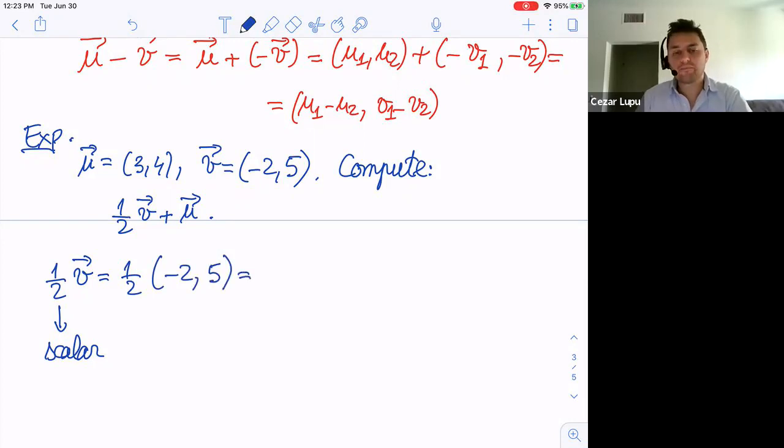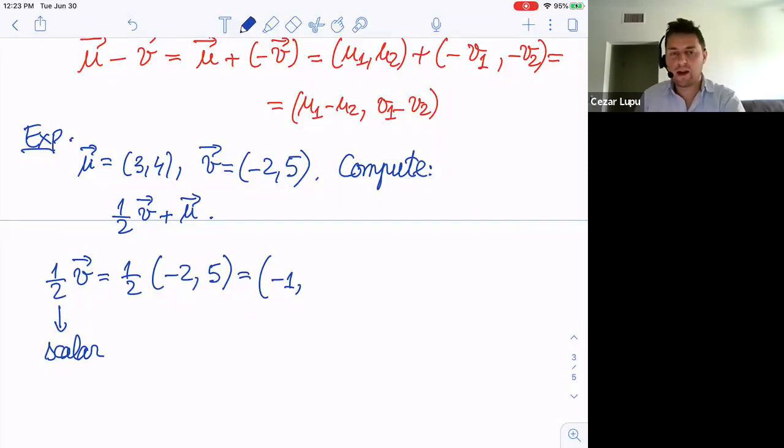And now, well, Neil wants to, yeah, okay, let's do it slowly. It will be 1/2 times -2, which is -1. Wait, Neil, what did you get there? 265?